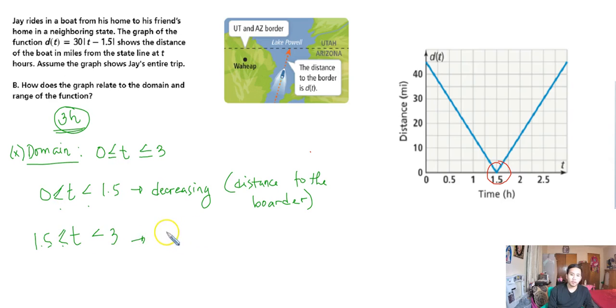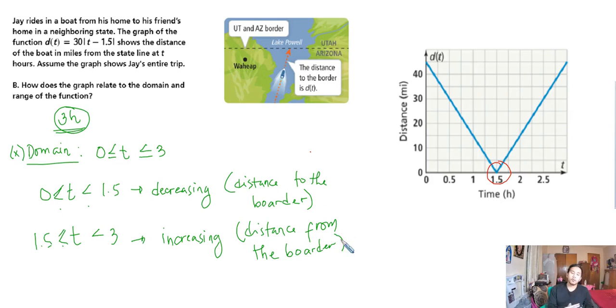So the distance from the border is increasing. What does this mean?